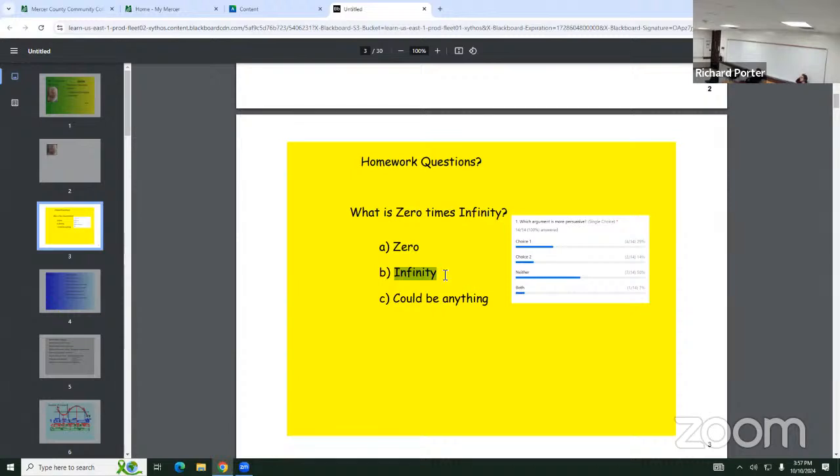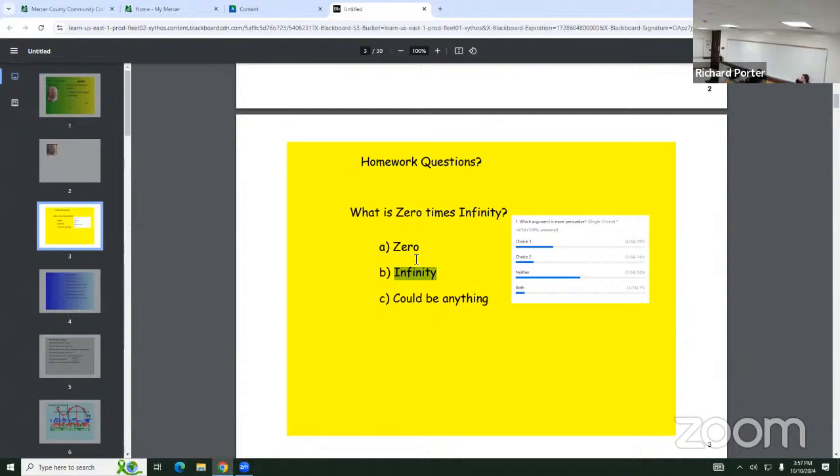Okay. So it could be zero if you were absolutely at your destination. If you made it to zero, then zero times infinity would be zero. But since every zero is a fuzzy number, it's more likely infinity. Okay.